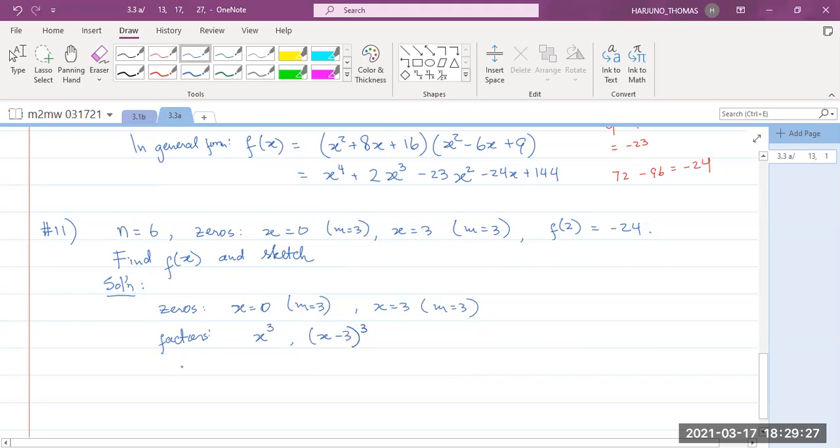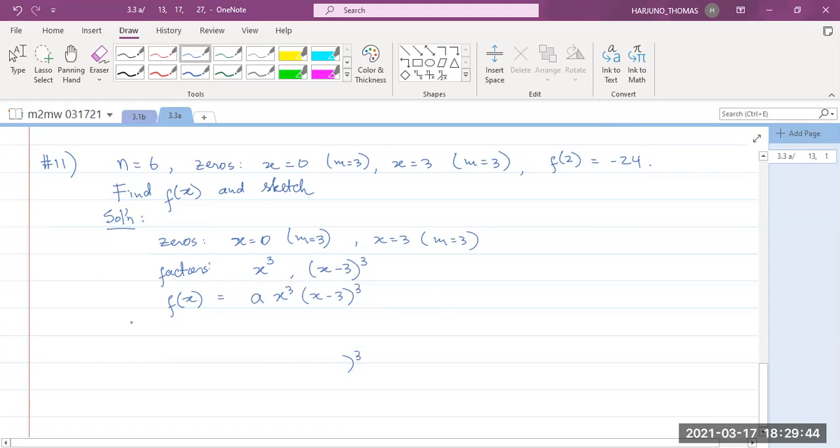Therefore, the function f(x) equals a times x cubed times (x minus 3) cubed. Now I need to find the leading coefficient. So negative 24 equals f(2), equals a times 2 cubed times (2 minus 3) cubed.